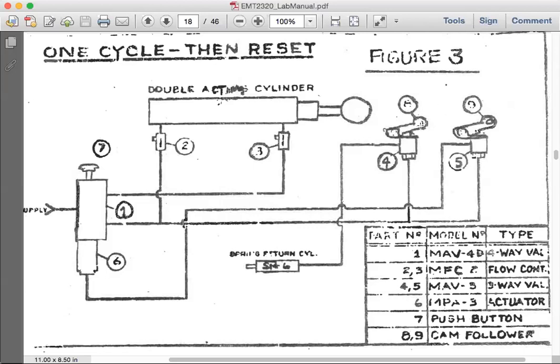So right now this cam follower is not being pushed by the piston, so it pops up, because only when this kind of sphere that is attached to the top of the piston is resting on it, then the cam follower is being pressed. But as soon as this sphere is in between the cam followers, this cam follower pops up, the stem is up, therefore pressure from the spring return cylinder comes right here.